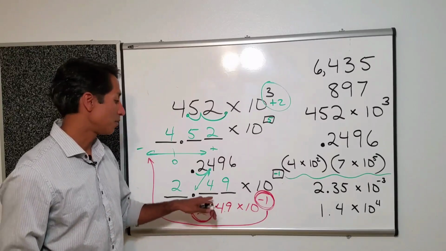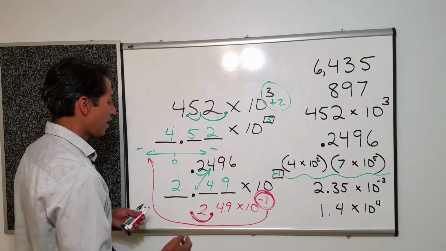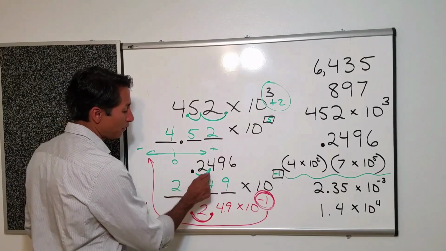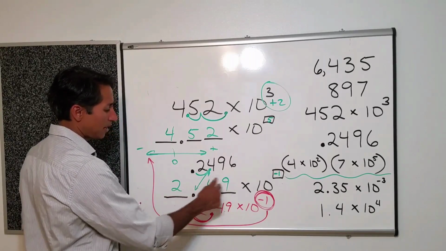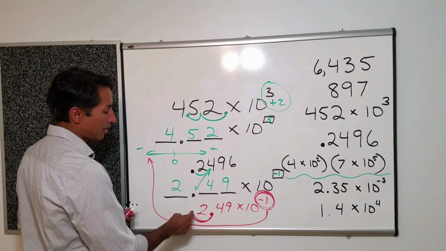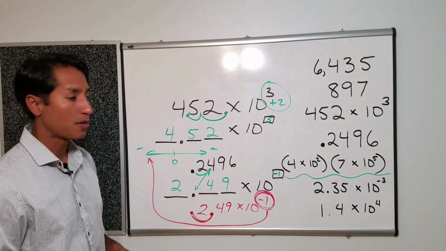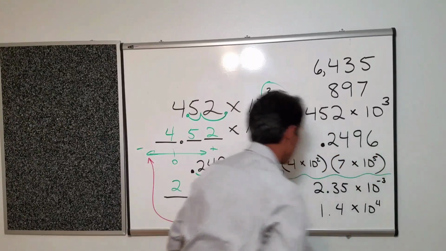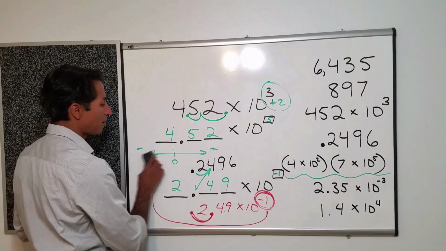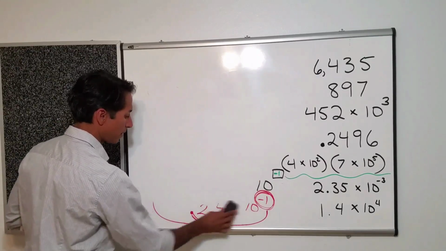But if you see a decimal, maybe tell yourself, anytime there's a decimal, I know I have to move it so that I can make it into number, decimal, number. But when it comes to getting back to where I wanted to start, I'm going to need a negative sign next to the exponent. It's kind of tricky, I know. Let's move on to the next one, and maybe I can talk about that one more time.